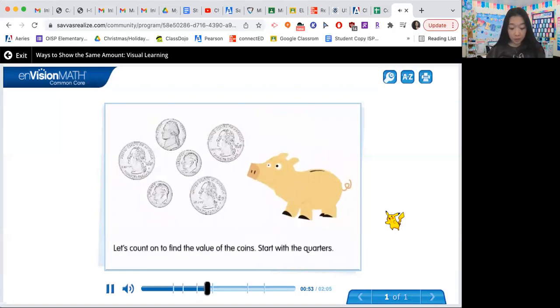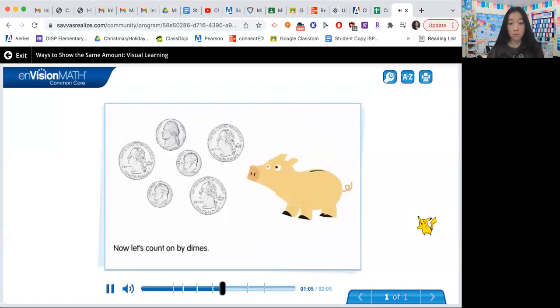Let's count on to find the value of the coins. Start with the quarters. 25, 50, 75 cents. Now let's count on by dimes. 85, 95 cents.